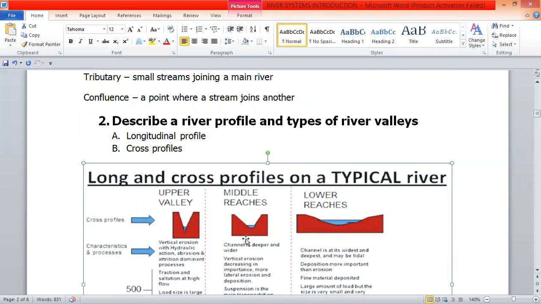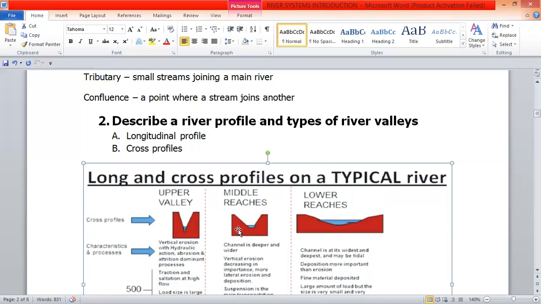The bed is being eroded, digging deeper the channel, okay? And then here, the second cross profile is this one, which is an open V. It's an open V, okay? It's becoming more of a U-shaped valley. It's becoming a U-shaped profile, which means the sides here are being eroded by lateral erosion.